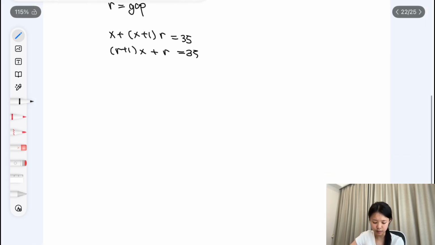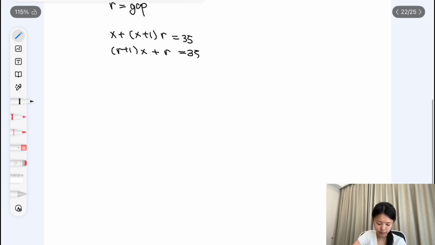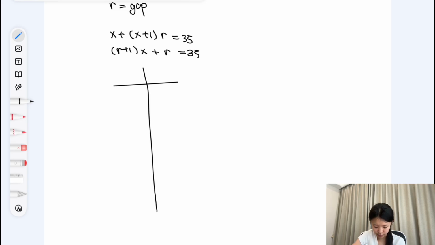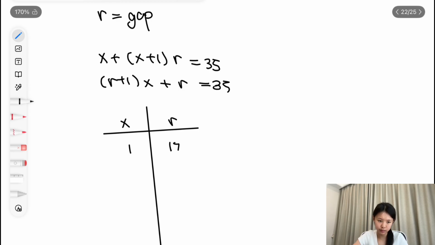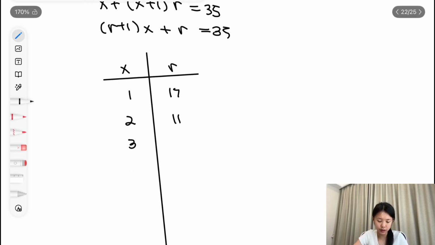Since this is not a lot of numbers, we can just list out the complete number of possibilities. For example, X and then R. Let's say X equals 1, then R would be 17. If it's 2, it would be 11. If it's 3, it would be 8.